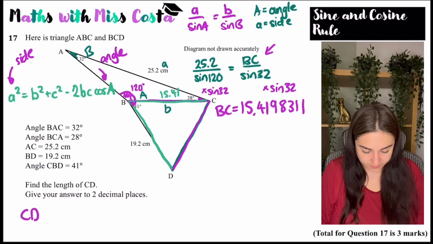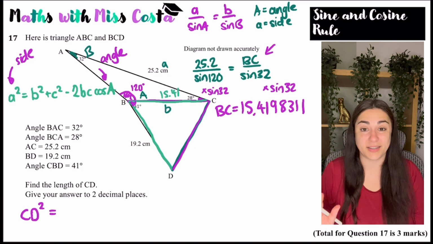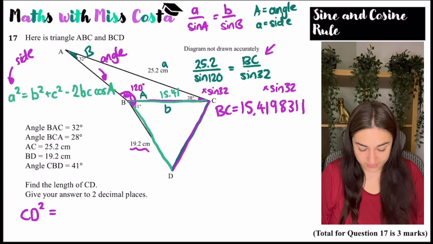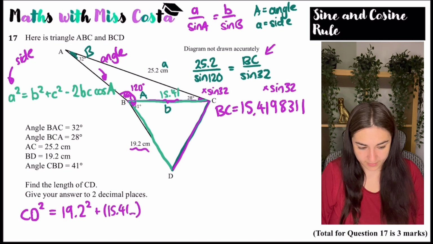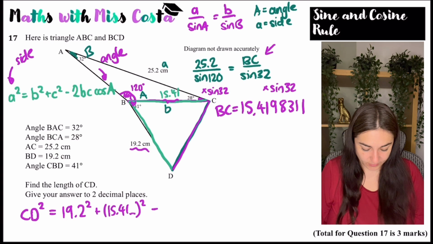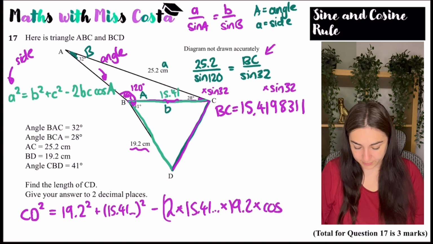So a squared, I can rename that to BCD squared, just so it's clear what I'm doing, is b squared, and it doesn't matter which side's b and which is c, because you're using the same things for them. So let's say 19.2 squared plus 15.41, and I'm going to save that as an answer, squared, take away 2 times 15.41 times 19.2 times cos 41.